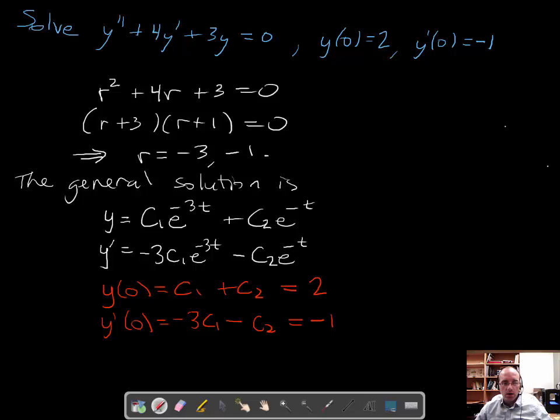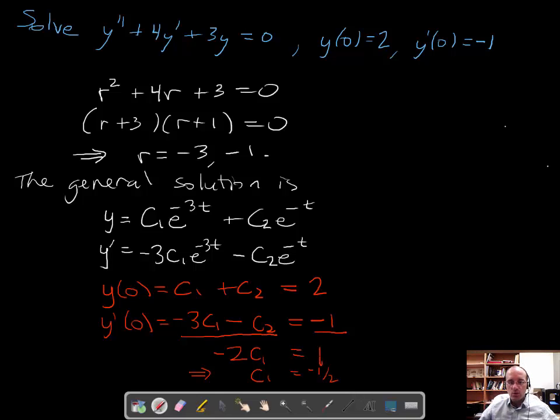In this case, it looks like we can eliminate c2 immediately just by adding each half of the equation. If we add the left half, we're going to get negative 2c1, and on the right half we get just 1. So that's enough to reveal that c1 should equal negative 1/2.